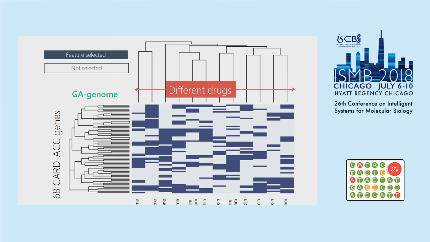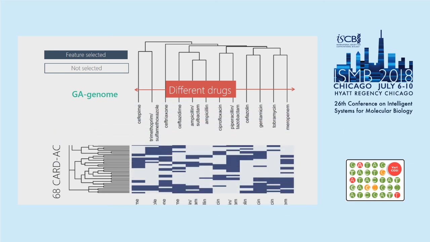Different columns correspond to the GA genome for different drugs. And the GA genomes are clustered hierarchically to see if there's any clustering of known mechanisms. And it turned out that those mechanisms are not related to the clustering of GA genomes.